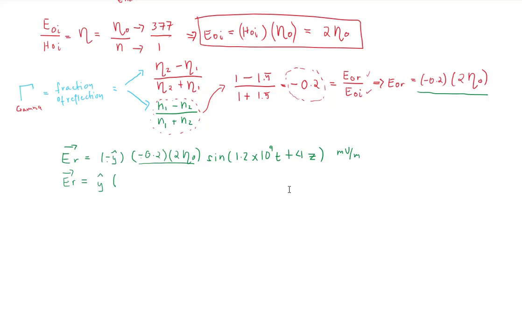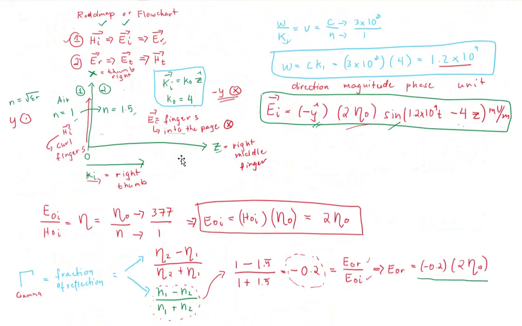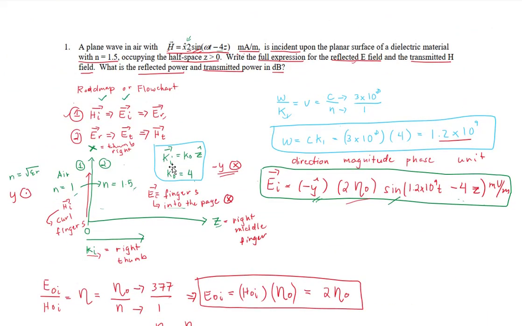So we have 150.8, and that is sine of 1.2 times 10 to the 9 t plus 4z. So now we just obtained our E sub R, or the wave function for E reflected. We could cross out this one, so we're done with this.